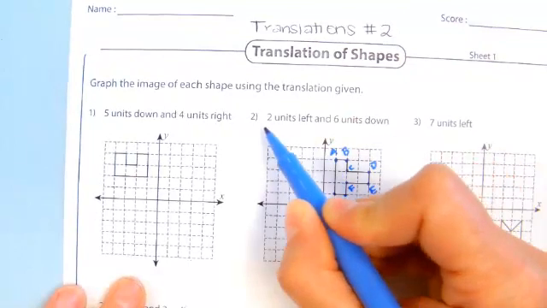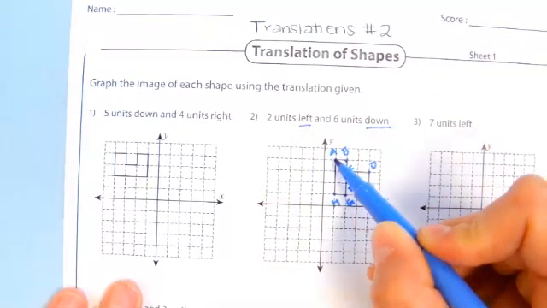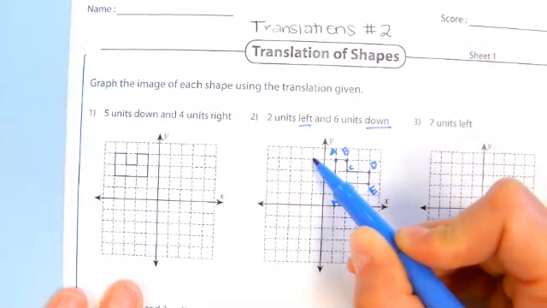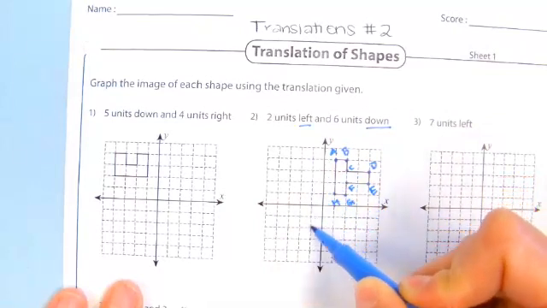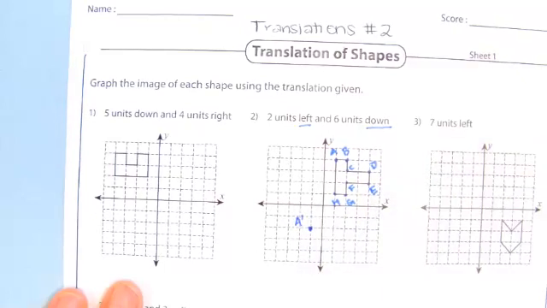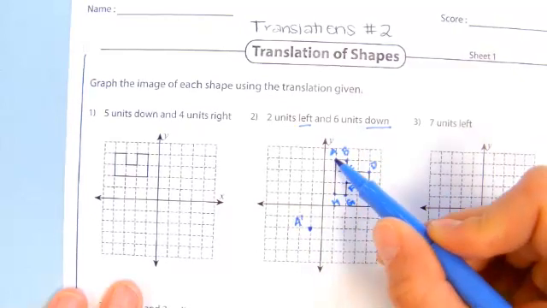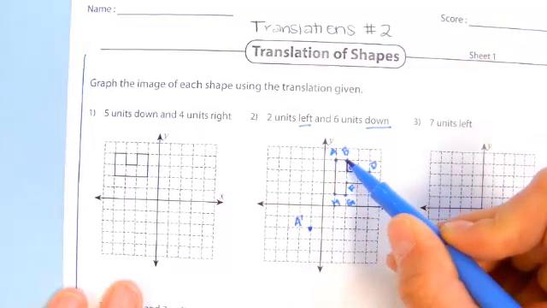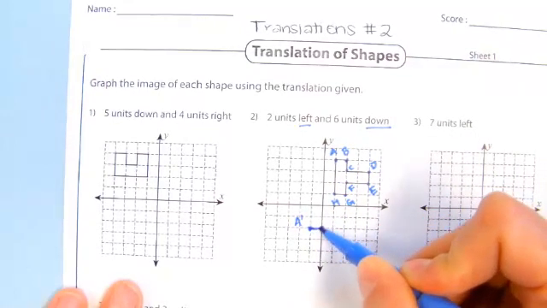So this says go 2 units left and 6 units down. So start with A. We're going to count 1, 2 to the left and then 6 down. 1, 2, 3, 4, 5, 6. So A prime is going to land right here. Now, if I look at the shape and I know that's A, how far do I need to get to B? Only 1 unit. So I can actually redraw the shape.